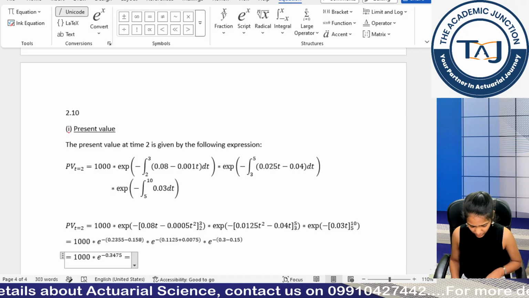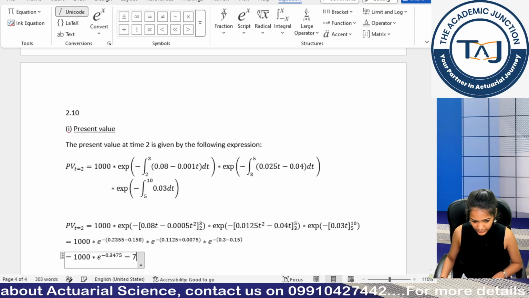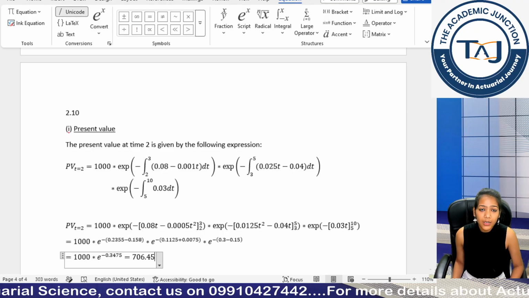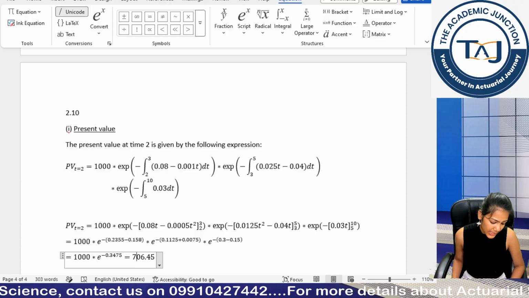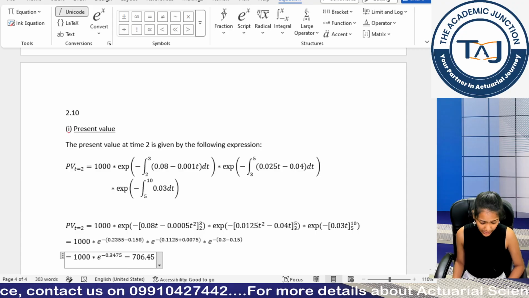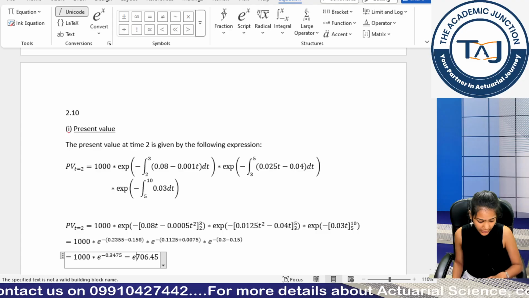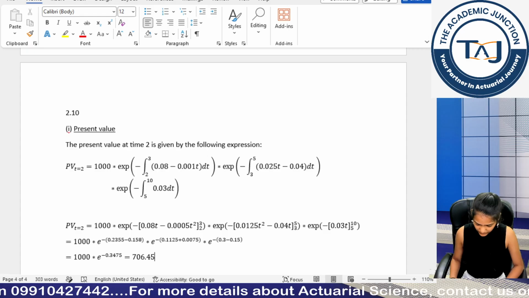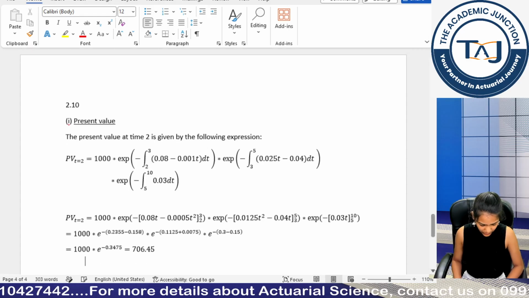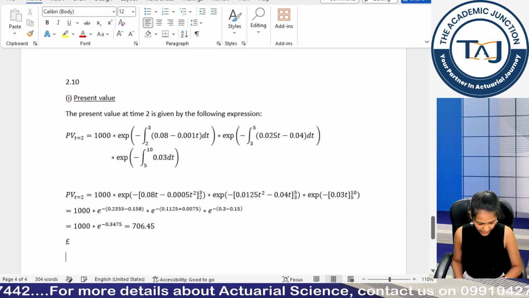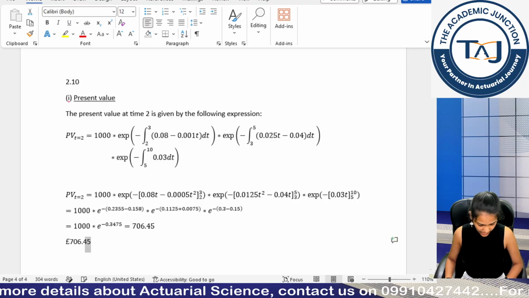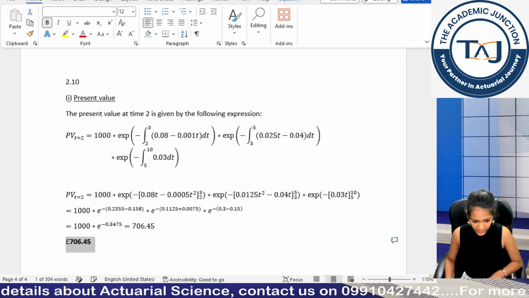Is equal to 706.45. Now you know that we saved the pound sign with an e and we want a pound sign here. So E F3. Wait. Let's write a final answer E F3, back to this 706.45, and we will just bold out the answer.